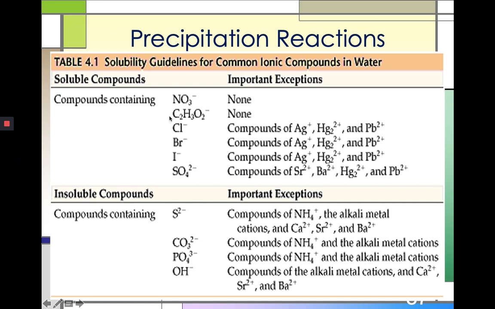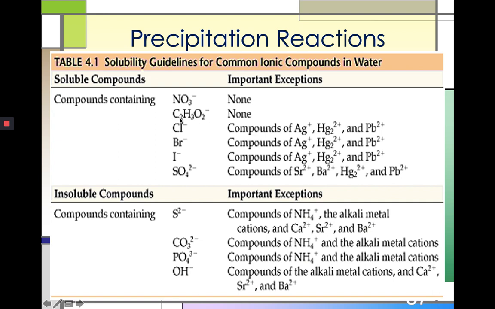When you talk about compounds containing the nitrate ion, let's say for example barium nitrate, they are generally soluble in water, meaning they do not form precipitates at all. The same thing happens with compounds containing the acetate ion, so sodium acetate, barium acetate, lithium acetate.